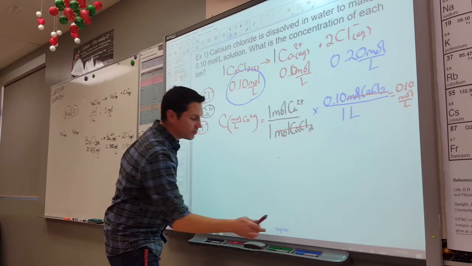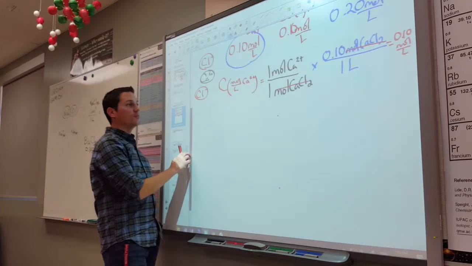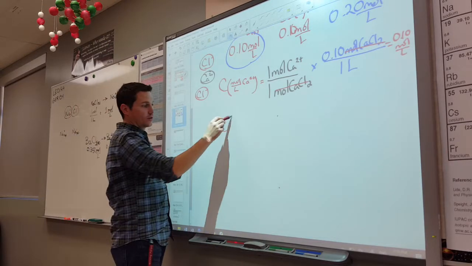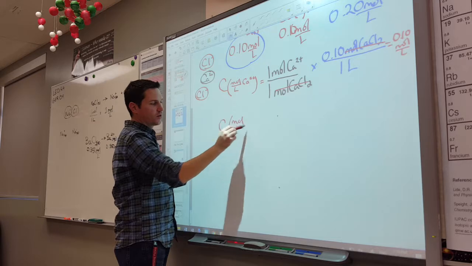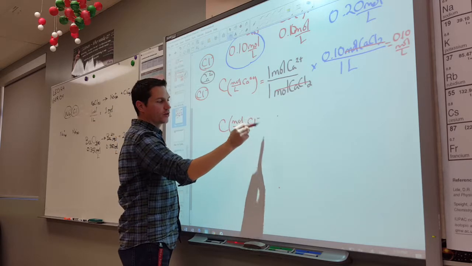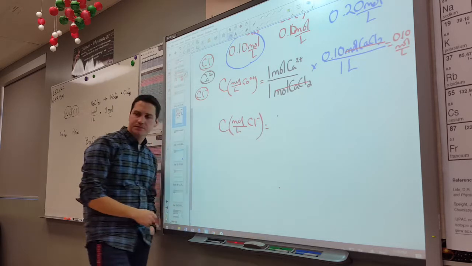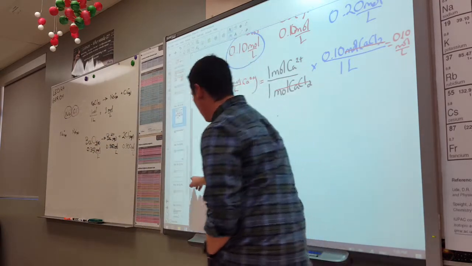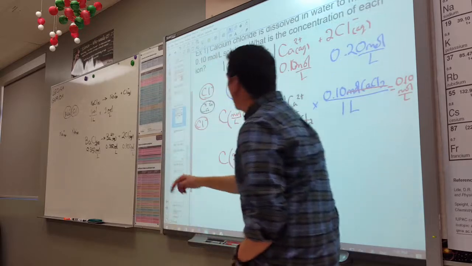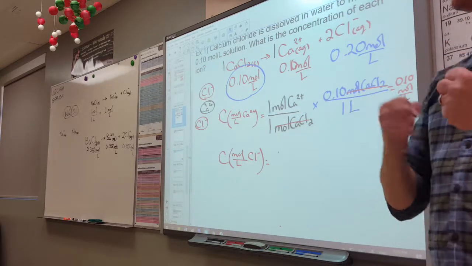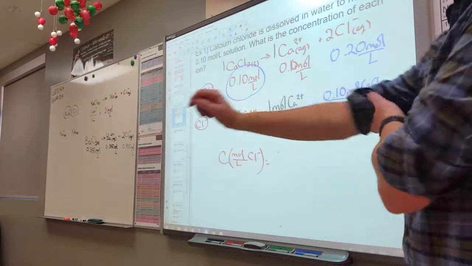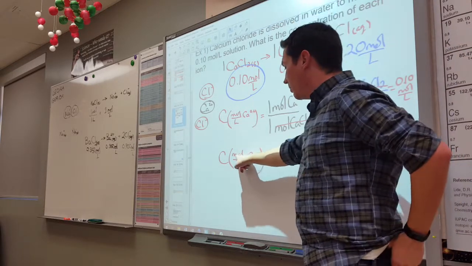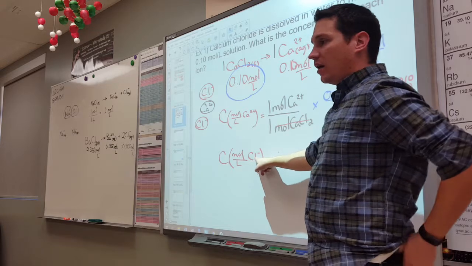Let's do the same thing, but this time we want to find the concentration of which ion? We want to find the concentration of the chloride ion. Now we always want to start with what we want. What do we want on top here? Moles of what? Of chloride.